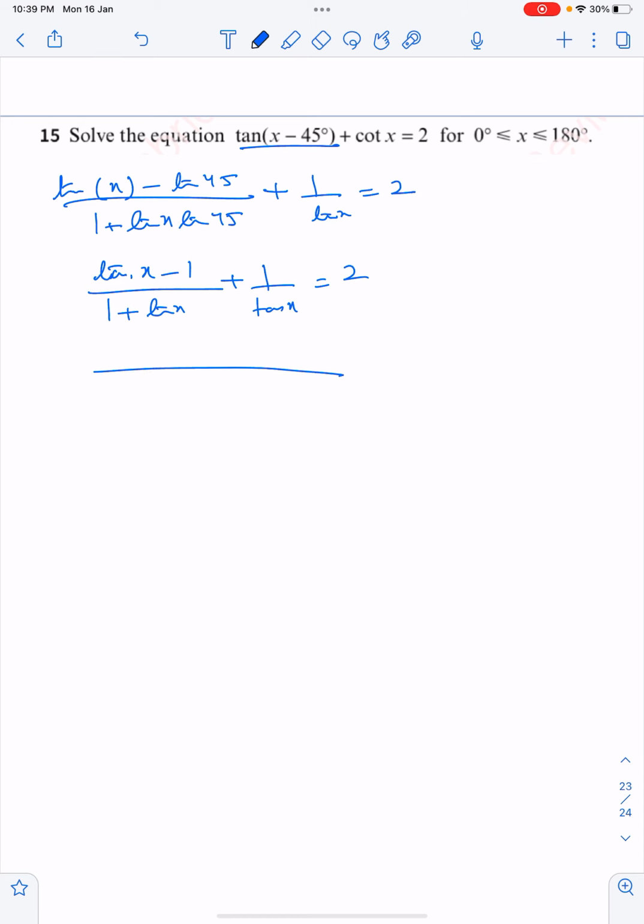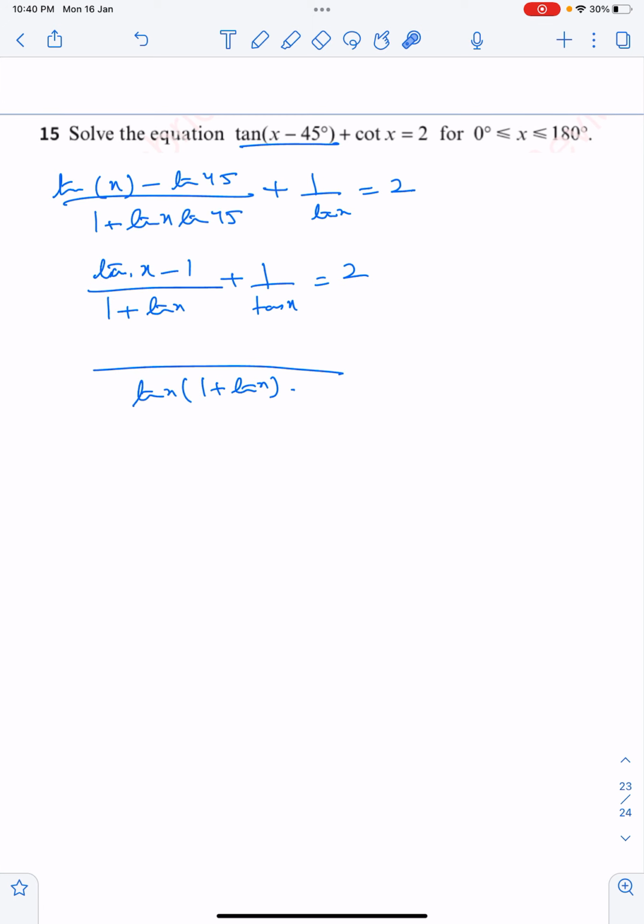Okay, if I take out the LCM, I will get tan of x into 1 plus tan x. So, this will be multiplied by tan x. So, tan x into tan x minus 1 plus 1 plus tan x equals 2.